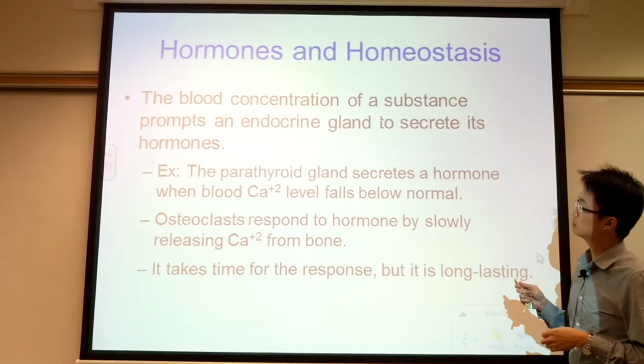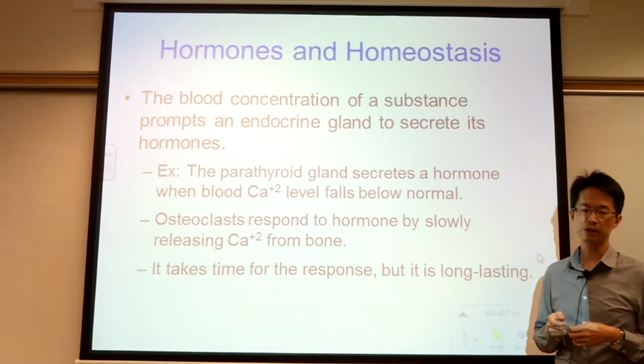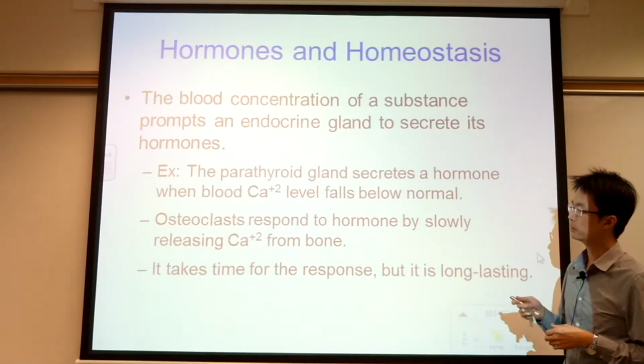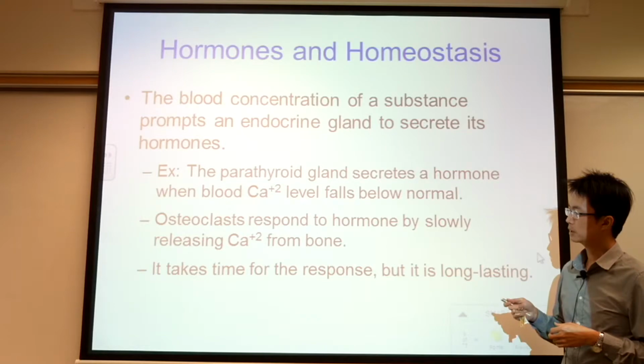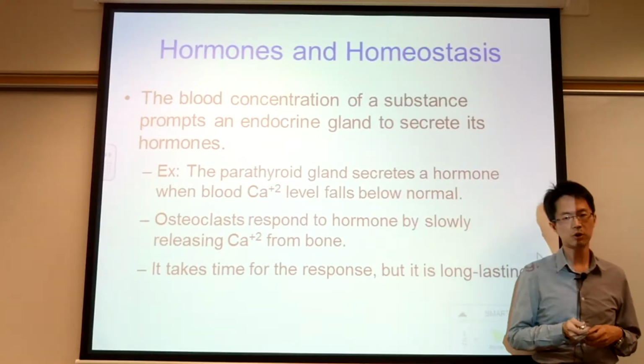That's why the effect is longer. And the blood concentration of certain ions can also affect the endocrine gland. For example, blood calcium level. If blood calcium level is too low, what will happen?